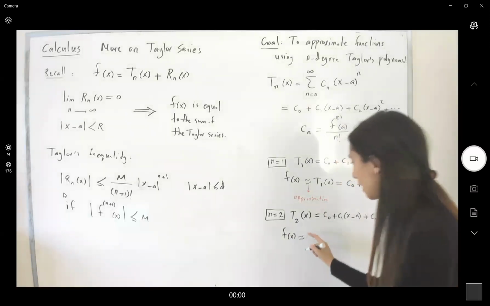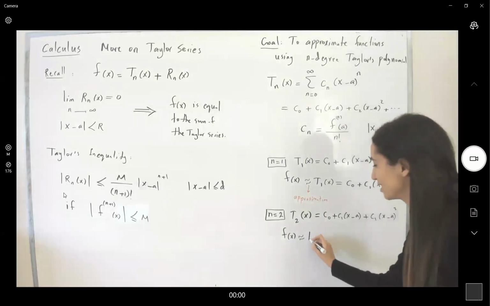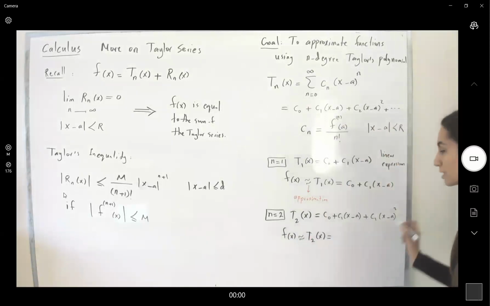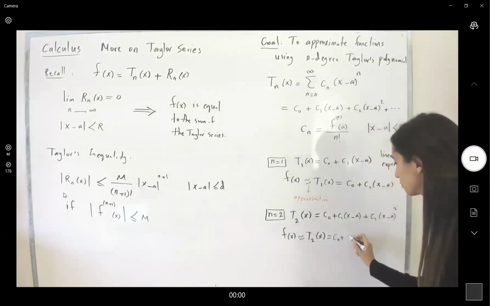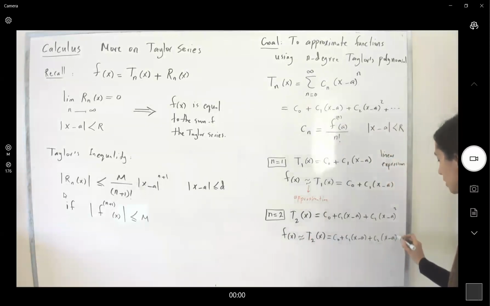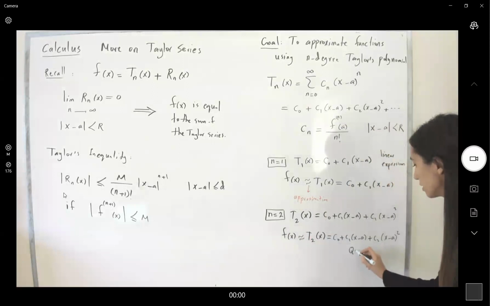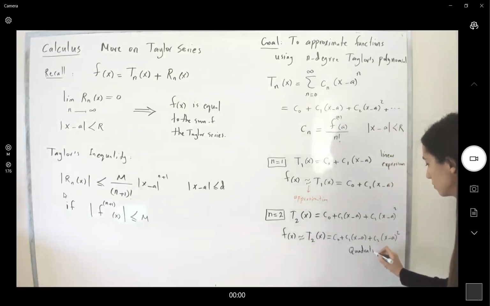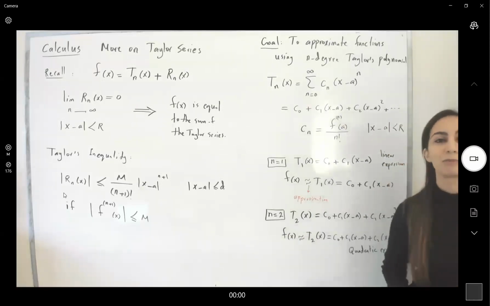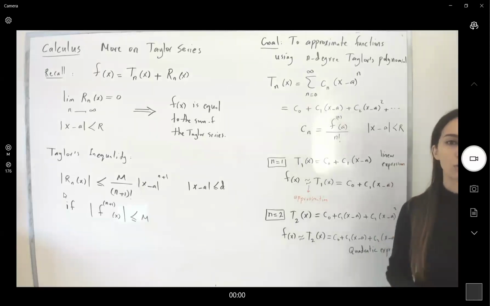F of x can be approximated by T sub 2 of x, which is a quadratic expression. We can continue this process. N equals 3 means that we can approximate our function with cubic polynomials. N equals 4, n equals 5, and so on.